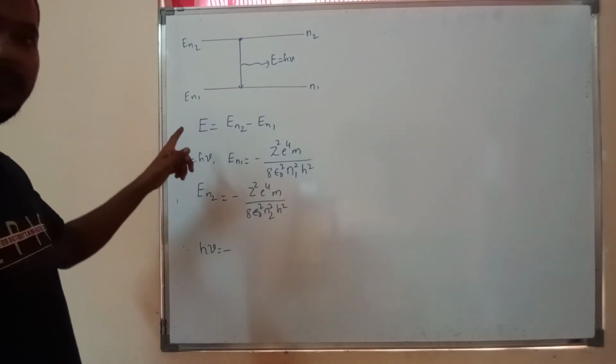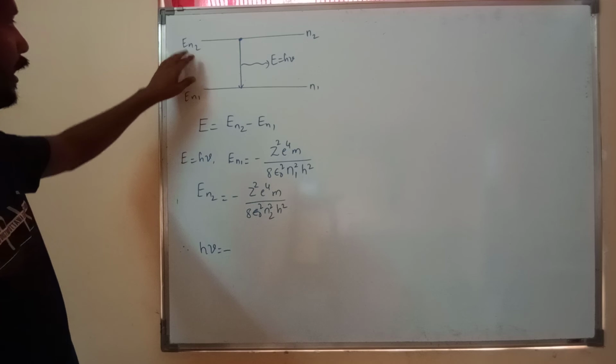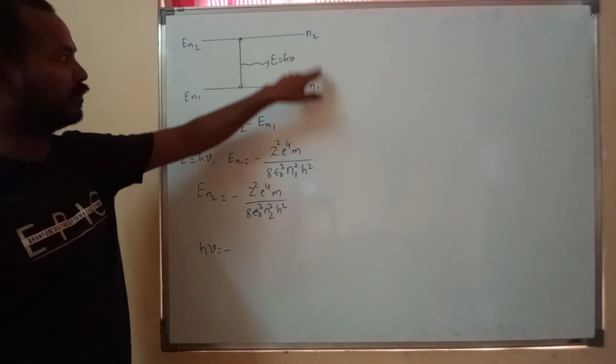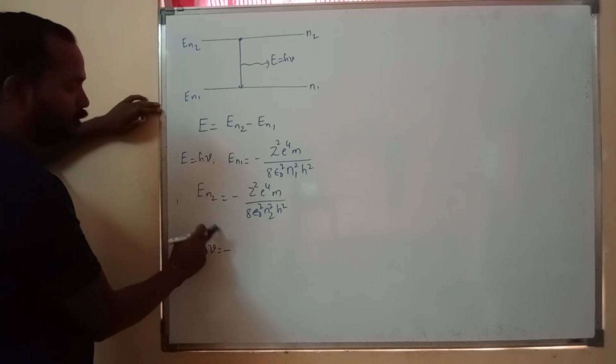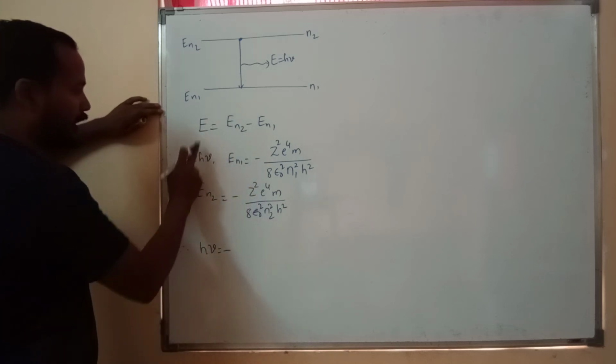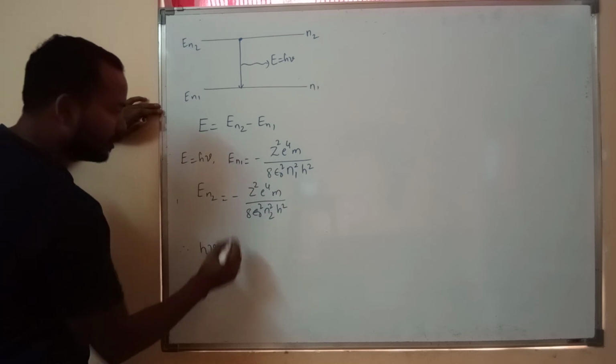I have redrawn the diagram here. This is En2, this is En1 and n2. Now we have E equal to h nu, En1, En2. I am substituting in this equation. E is equal to h nu, En2 I am going to write now.